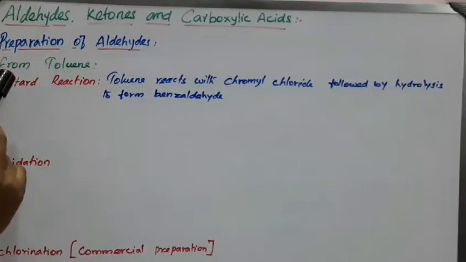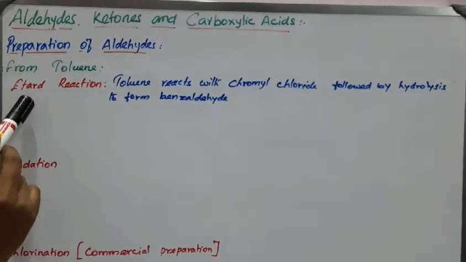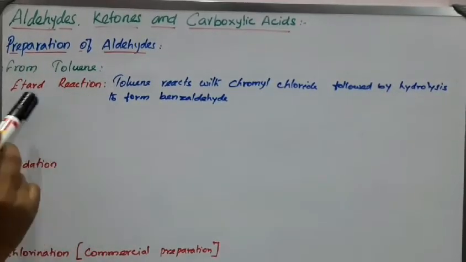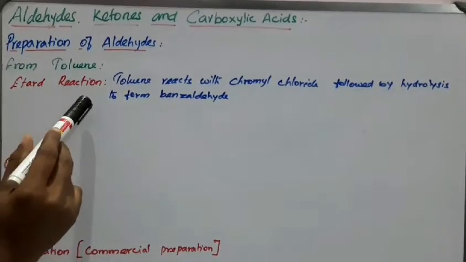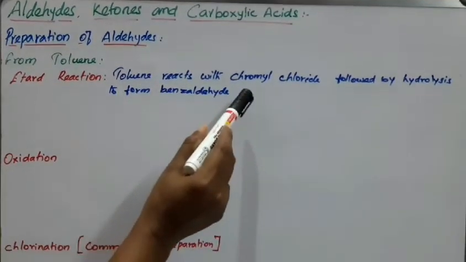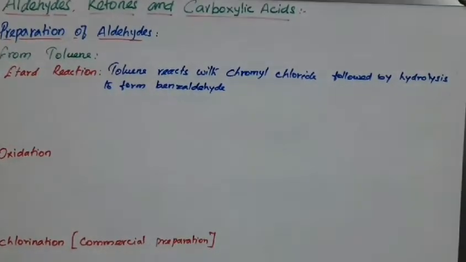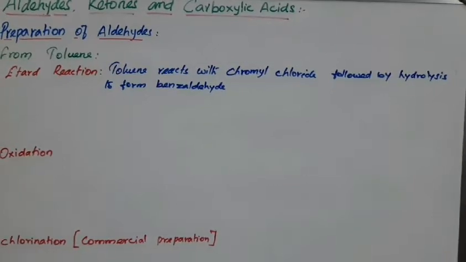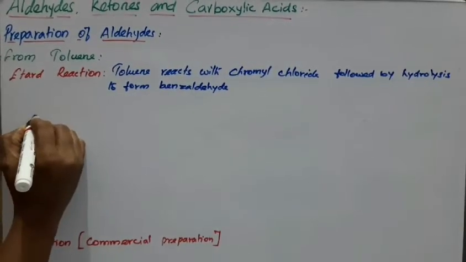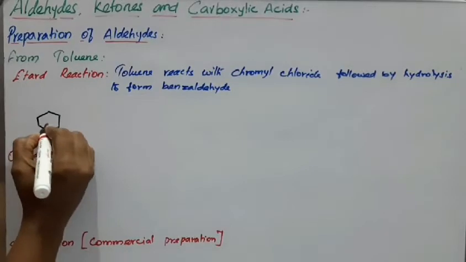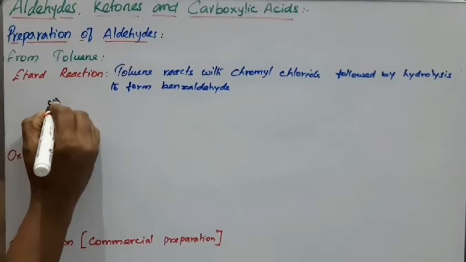Preparation from toluene: that is the Etard reaction, another naming reaction. Toluene reacts with chromyl chloride, followed by hydrolysis, to form benzaldehyde. This is the toluene structure, a benzene ring with a substituted methyl group.